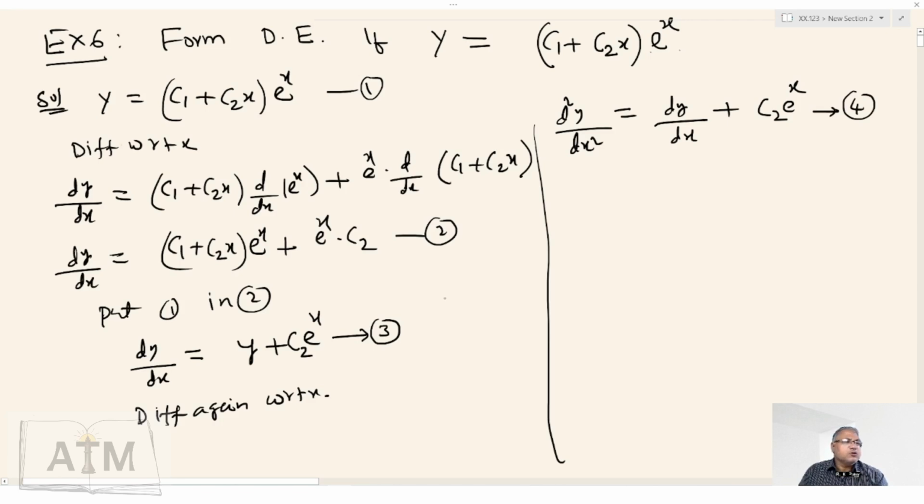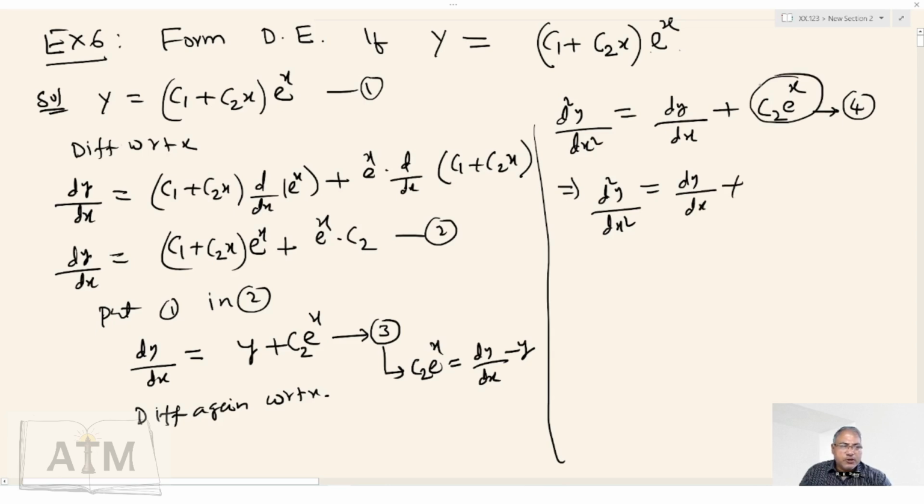From the third equation, we get c2 e raised to x equals dy by dx minus y. So d2y by dx2 equals dy by dx plus, in place of c2 e raised to x, we put this value, dy by dx minus y.